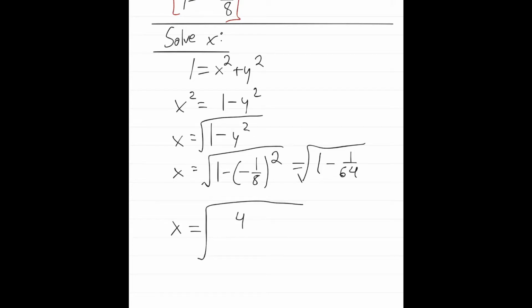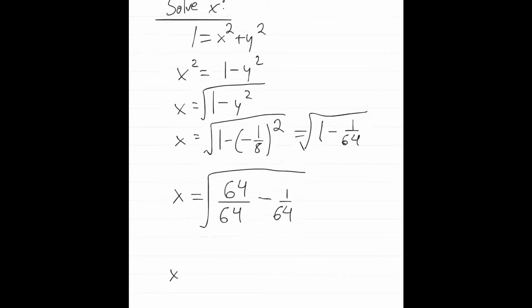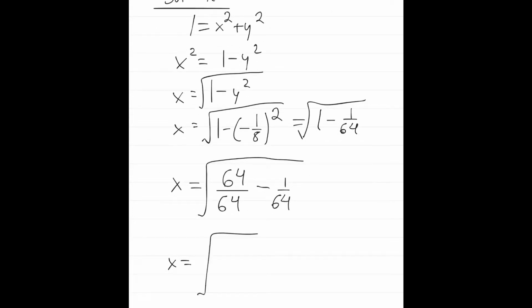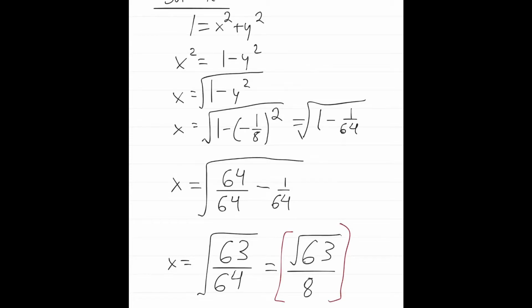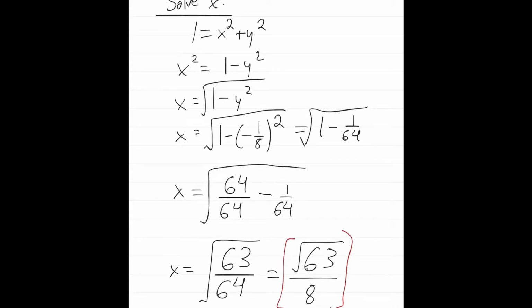Furthermore, to simplify this even further, the 1 we can turn into a fraction of 64 over 64 minus 1 over 64. So our final answer when we solve for x is equal to the square root of 63 over 64. And then we take the square root of both terms and we get x is equal to positive root 63 over 8. And that's our answer. So that's how we do step 3.